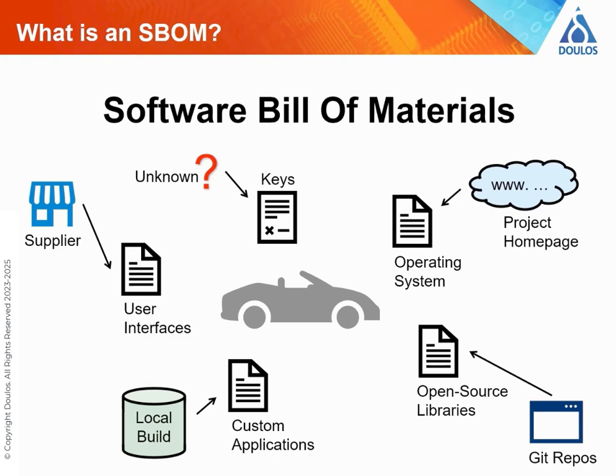This was in the news a year or two ago. So obviously there was no software bill of materials that said, well, we copied the keys from this PDF that we found on the web. So it starts to become very obvious why this level of information can be very important.